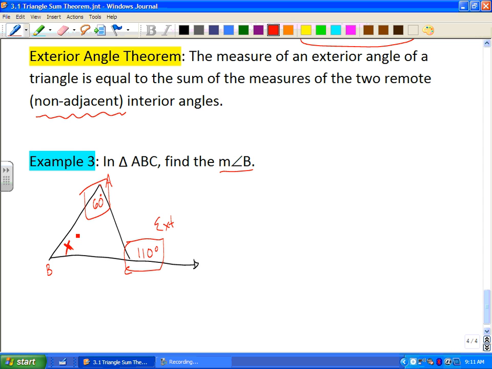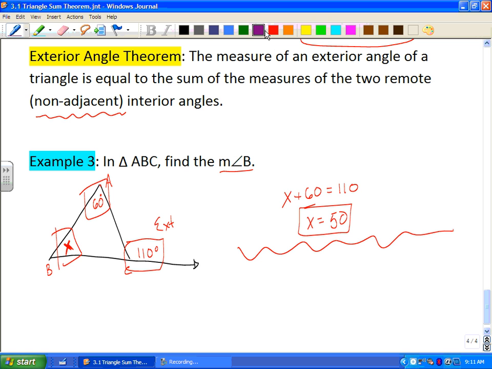Well, A is non-adjacent and B is non-adjacent. So what I can say is X plus 60 equals 110. X would equal 50. Right. The exterior equals the 2 non-adjacent interior angles.